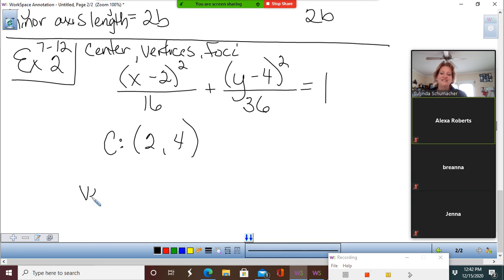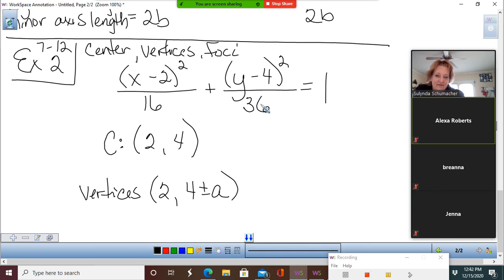Our vertices, okay, our vertices. Now, when we're stretched this way, I think it's easiest if I write it out this way first: 2, 4 plus and minus a.